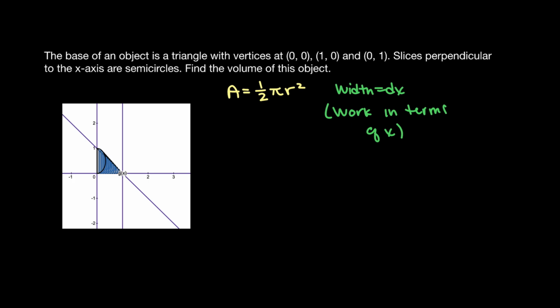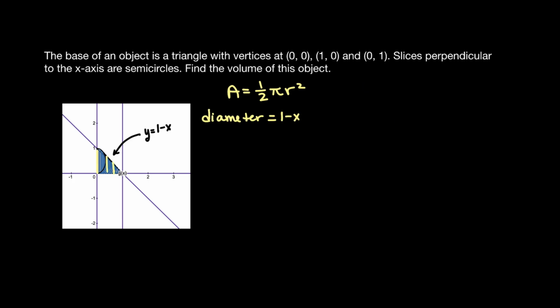I'm going to see if I can write this in terms of x. We're working in terms of x. The diameter of each of these semicircles is represented by these little lines that I've tried to draw in yellow here. And so the length of my diameter is given by this diagonal line.